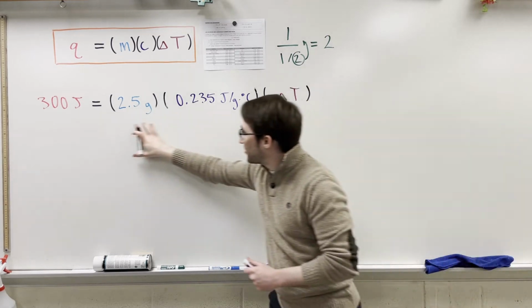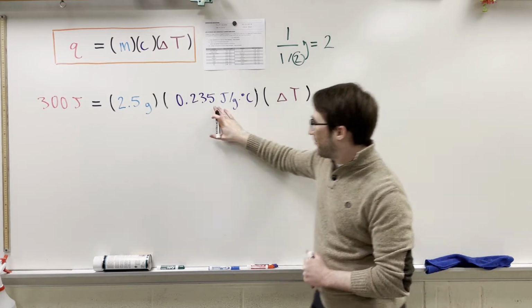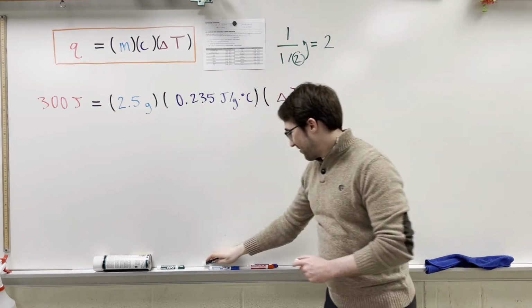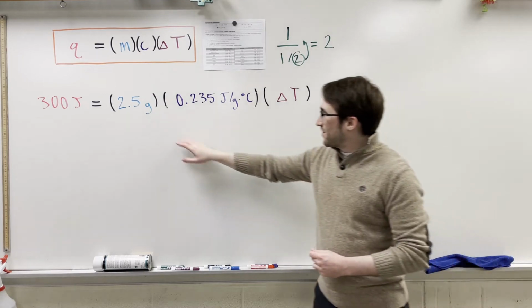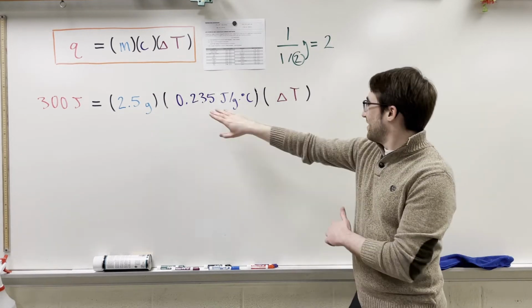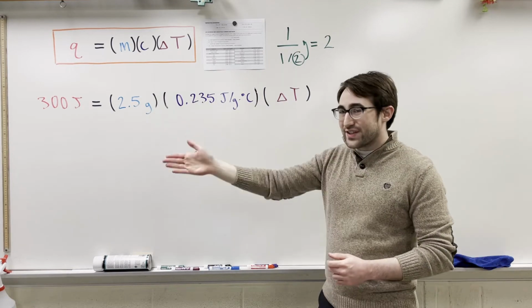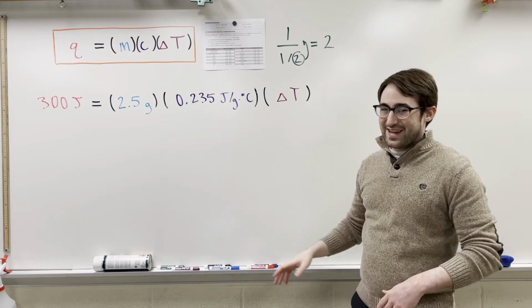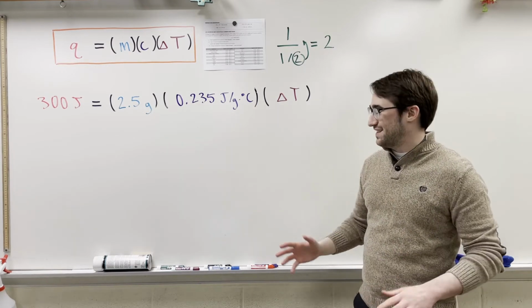I need to get this other junk away from it. Okay? So kind of like the last problem, I'm going to need to divide these away to undo the multiplying that I have on the right side here. So, like the last problem, if I want to get rid of this 2.5 grams that's multiplied to all this stuff, I do the opposite by dividing on both sides. But having to write it dividing on both sides sometimes takes a couple extra seconds or sometimes a minute.